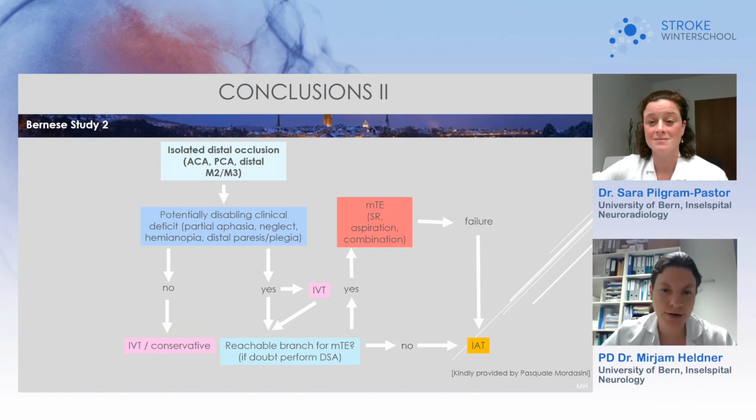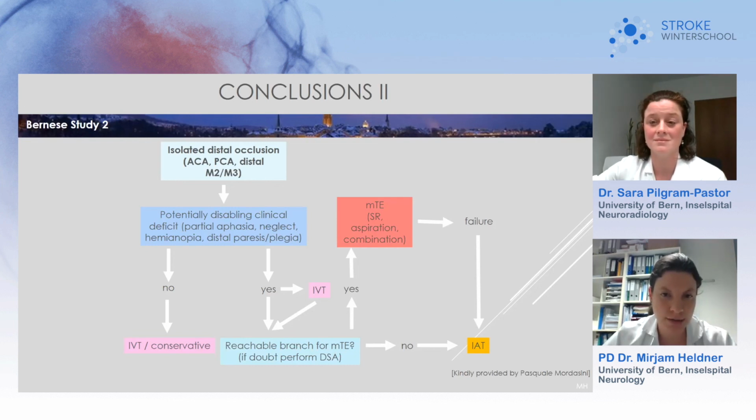In case there is an isolated distal vessel occlusion, an occlusion of the ACA, the PCA, or the distal M2 or M3 segment of the middle cerebral artery, we check whether there is a potentially disabling clinical deficit present. If not, we might treat the patient with IVT or conservatively. However, if a potentially disabling clinical deficit is present, we tend to perform IVT.